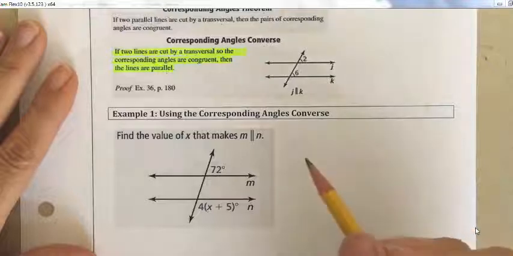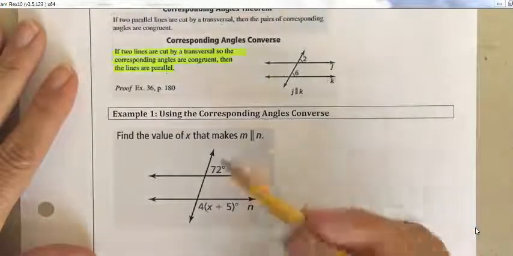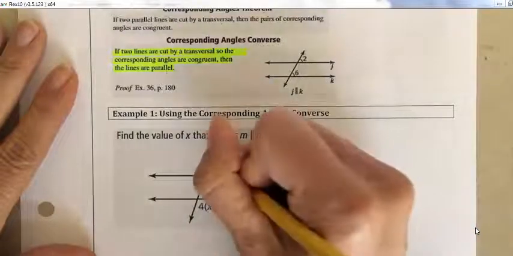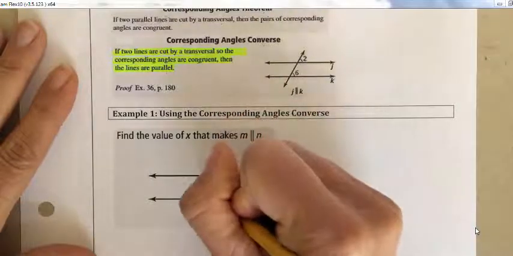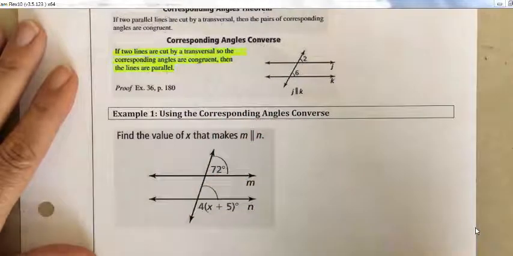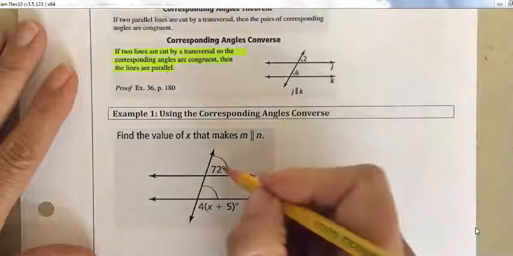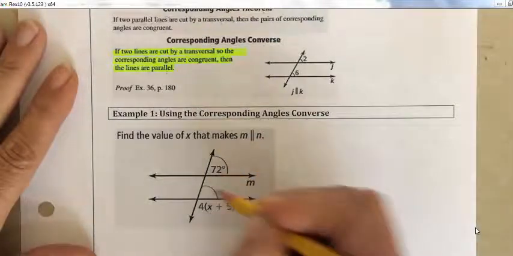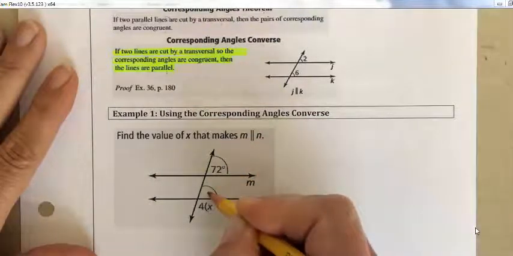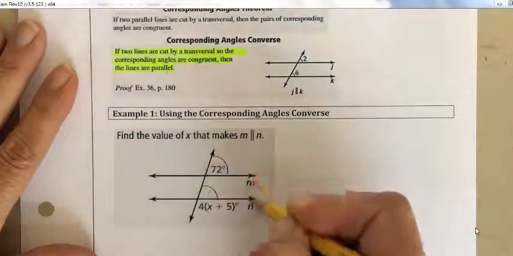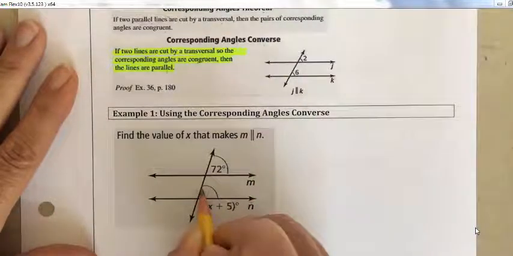But I can make them relatable to each other. So this 72 angle here is corresponding with this angle, right? So if this is 72 degrees, I can make this 72 degrees as well if these two lines are going to be parallel, because corresponding angles will be congruent.